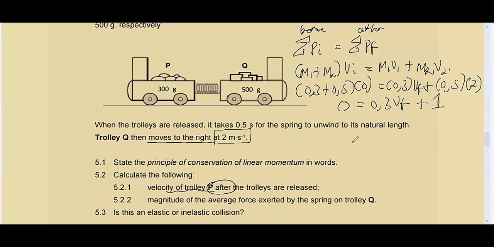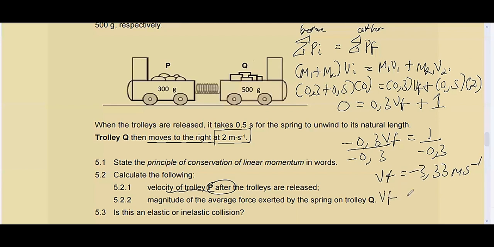Take this over to the side: negative 0.3 Vf is equal to 1. Divide both sides by negative 0.3. Now our value is negative 3.33 meters per second. Then in conclusion, that means it's 3.33 meters per second. To which direction? Left. Right. So, that's how we have it.